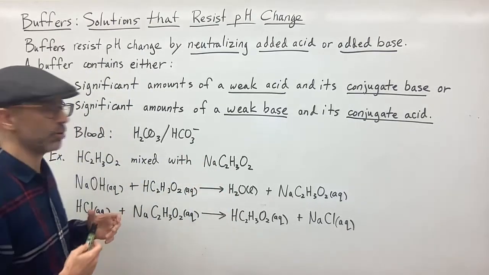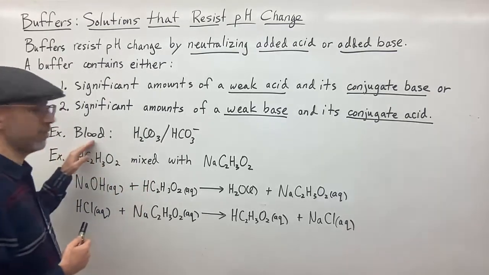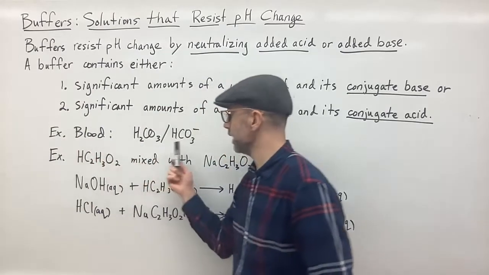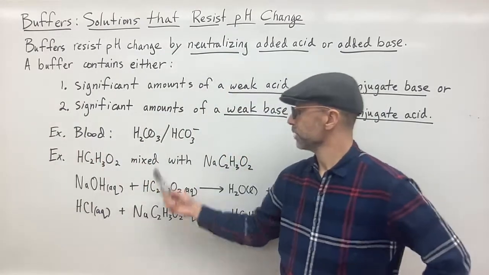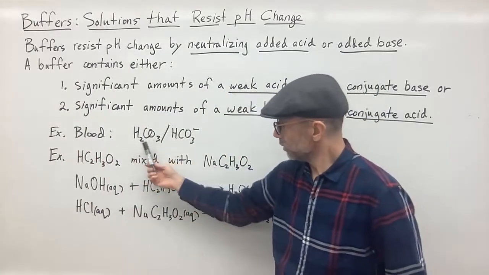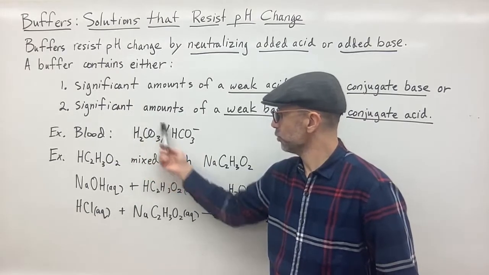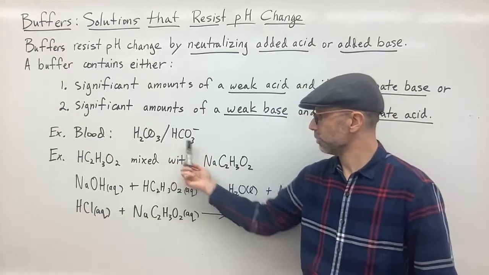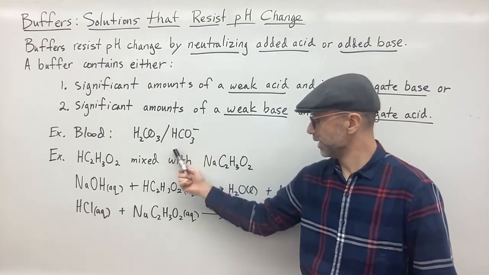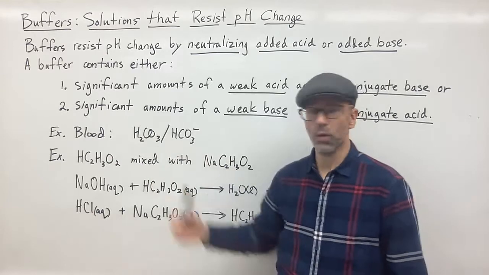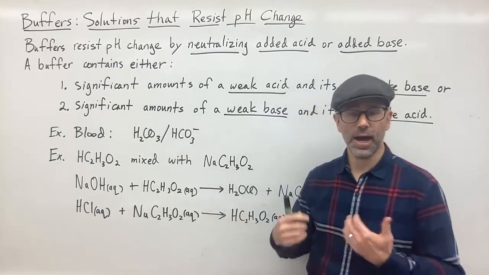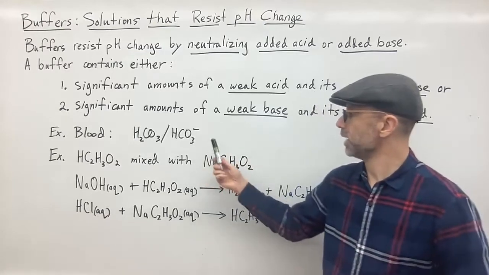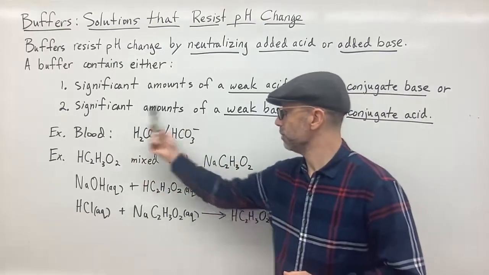So here are a couple of examples. One example is our blood. Our blood contains a buffer. Here you have H2CO3, that's carbonic acid, and then we have the bicarbonate ion. When we breathe in oxygen and carbon dioxide comes out, that carbon dioxide is coming from the buffer.